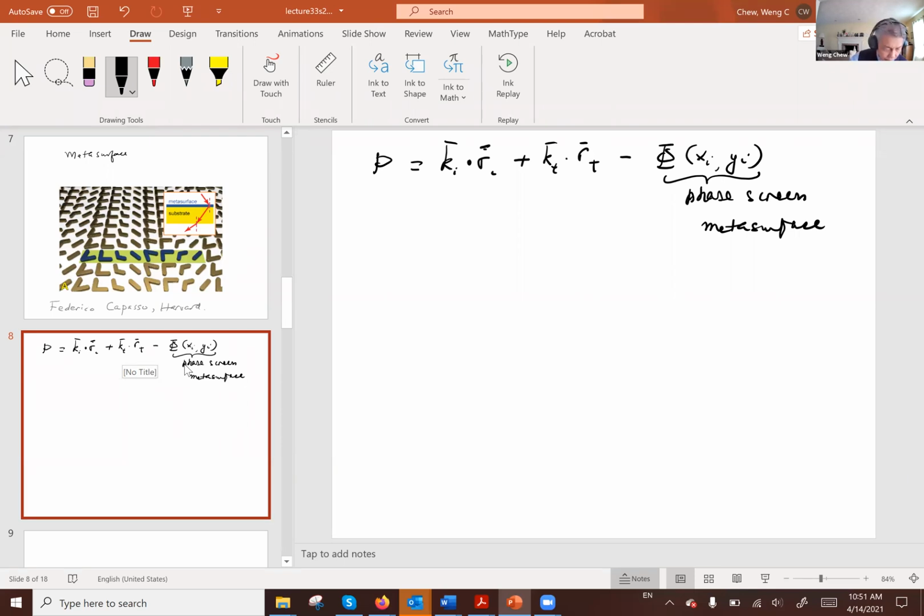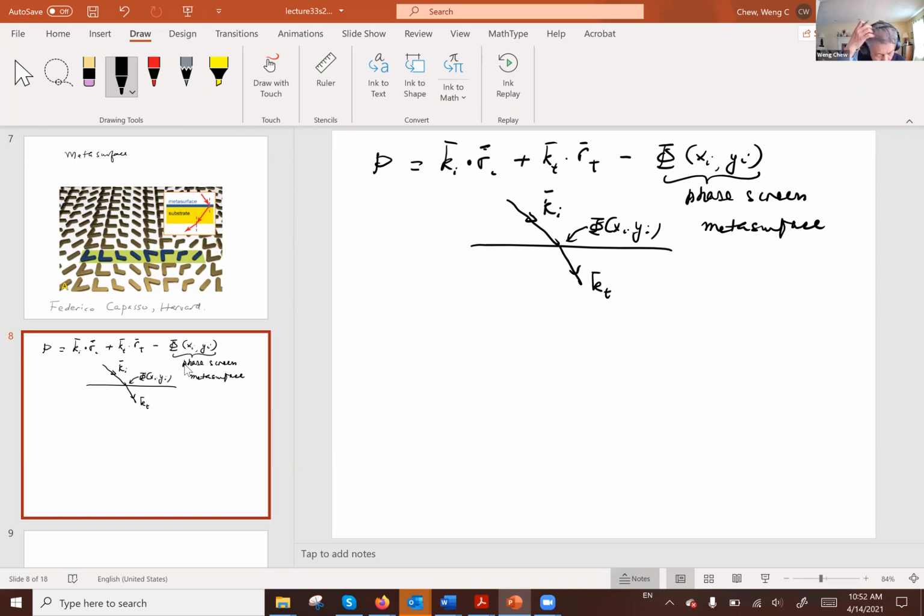And so what you have is something rather interesting, that you have a light ray, it comes in with Ki, okay? But then there is a phase screen that causes the light ray to add an additional phase due to where the light ray is hitting that surface. The light ray can be thought of as a local plane wave. And this kind of problem is usually not solvable in closed form.